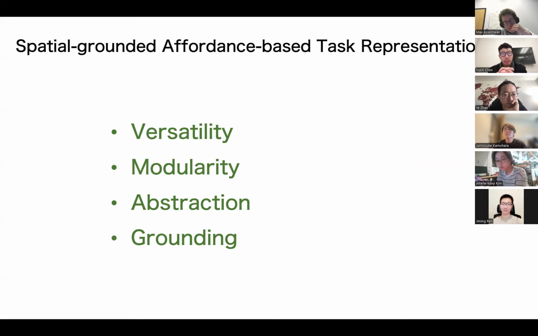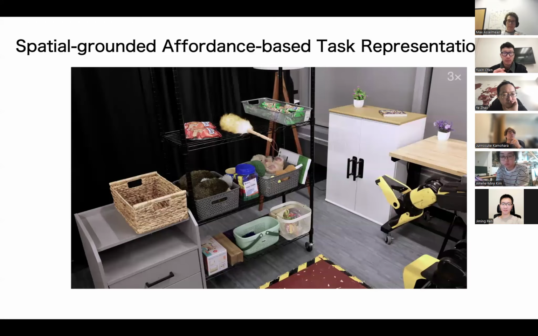Modularity means this can serve as a plugin strategy; we can adopt these task representations in many other applications. Abstraction means we want this task representation to be as low level and as simple as possible. And grounding means we want to inject the spatial, physical, and semantic information into these task representations.